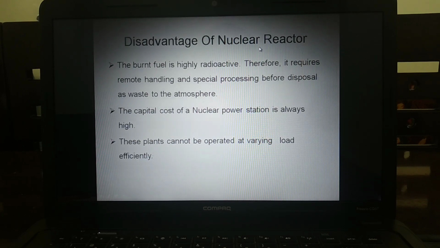Disadvantages of the nuclear reactor. The disposal of nuclear waste is a big problem. Second, the installation cost is very high compared to other power stations. The uranium decomposes into harmful radioactive isotopes that are released.